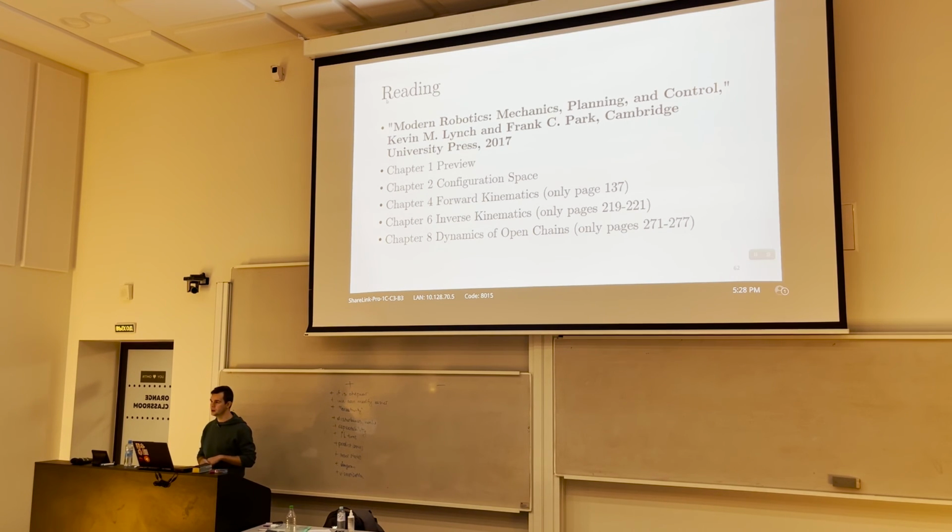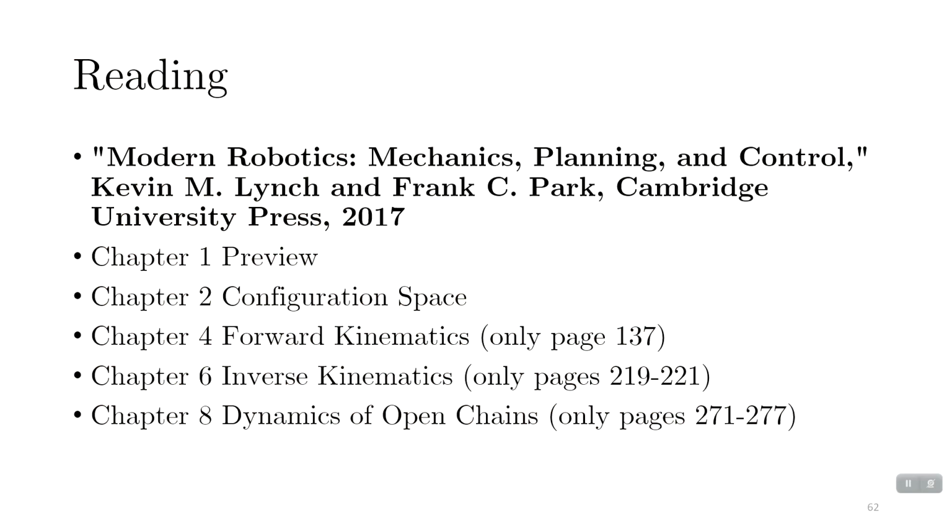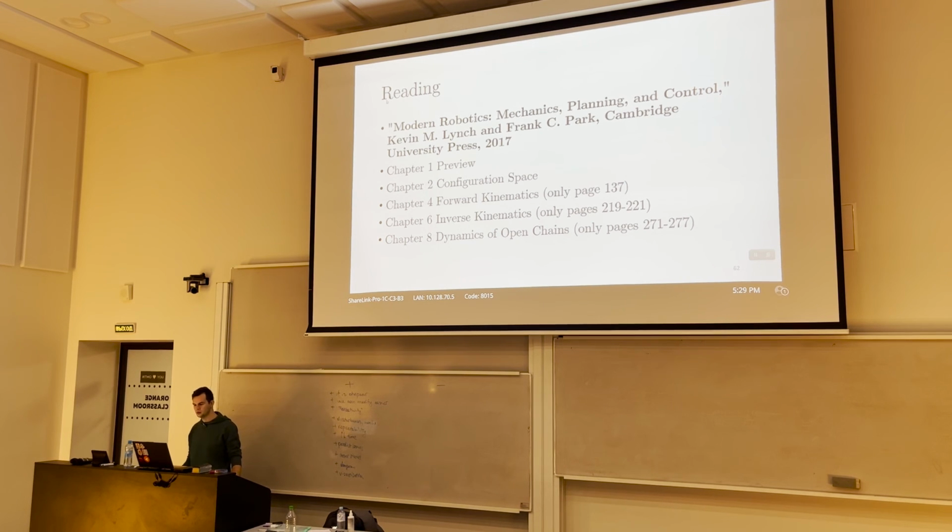In order to fully understand the material of the first lecture, I encourage you to read not the whole chapters, but the pages that I just wrote here. So chapter 1, the preview, is just in general about the modeling, general words about the modeling. Chapter 2, about the configuration space, is also very obvious material. Chapter 4 covers forward kinematics, inverse kinematics, and dynamics of open chains.